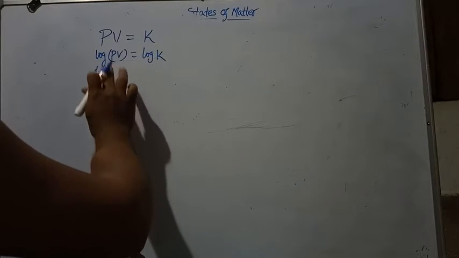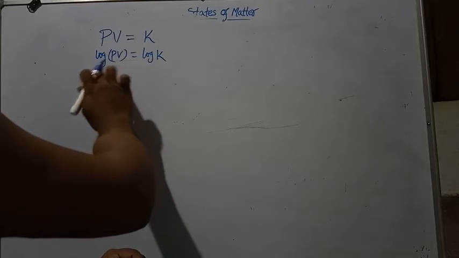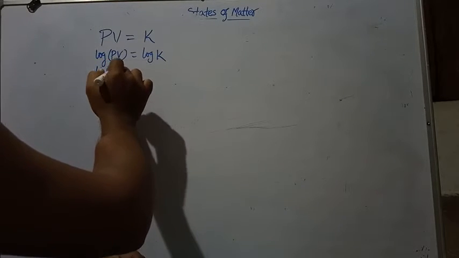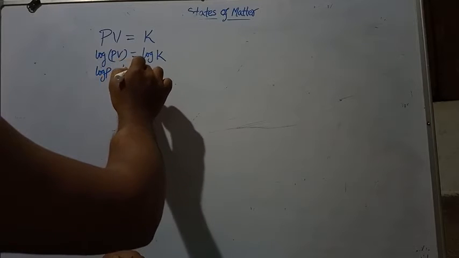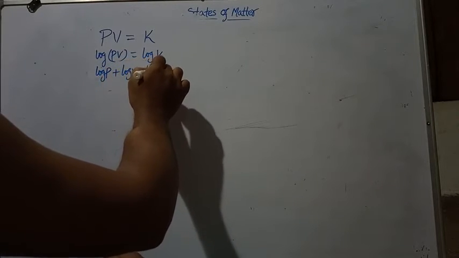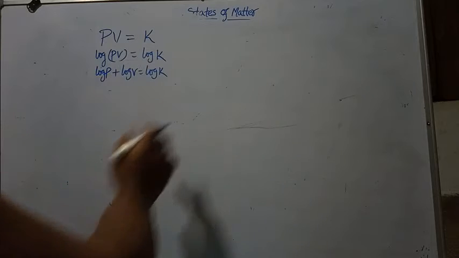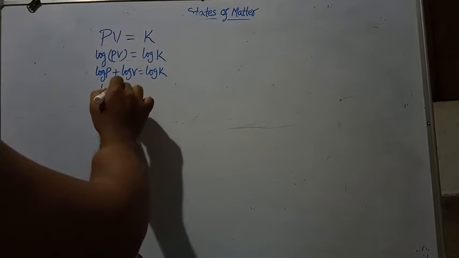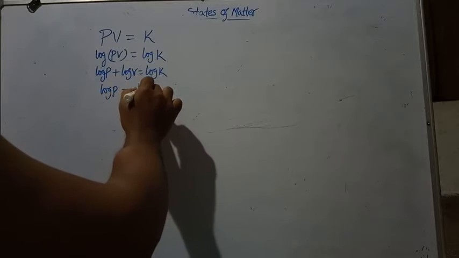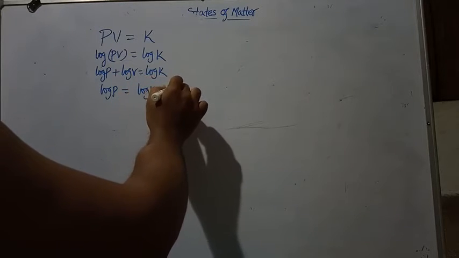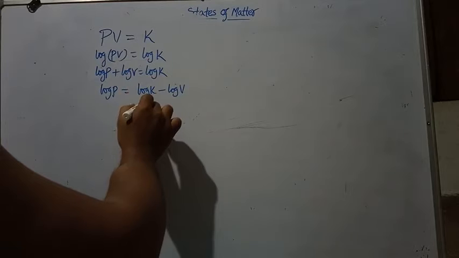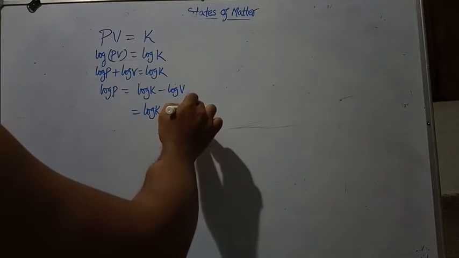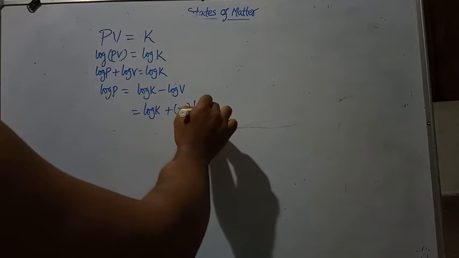Log P plus log V is equal to log K. So taking this log V to that side, what happens? Log P is equal to log K minus log V. Can I write like this? Log K plus minus 1 into log V.